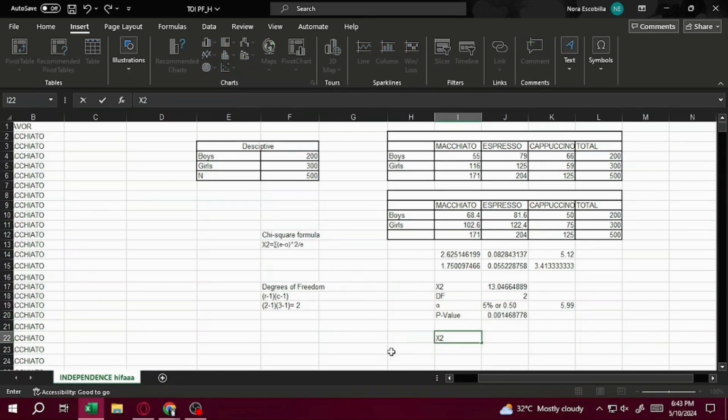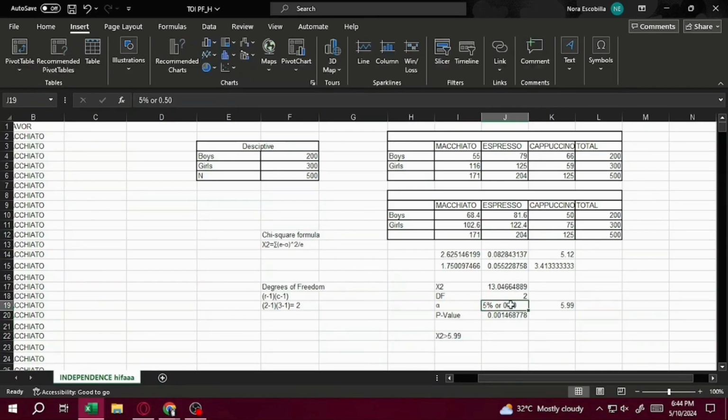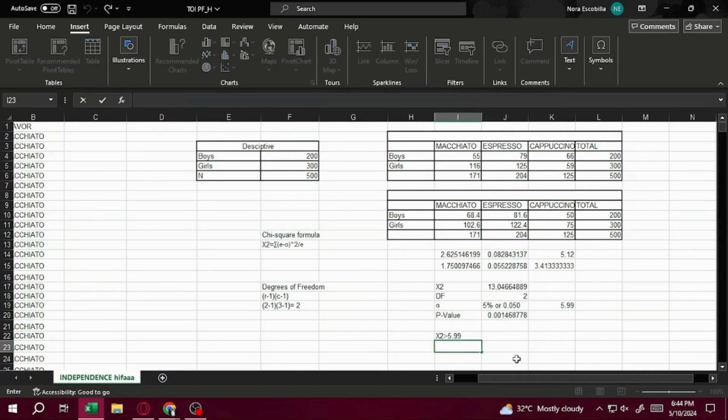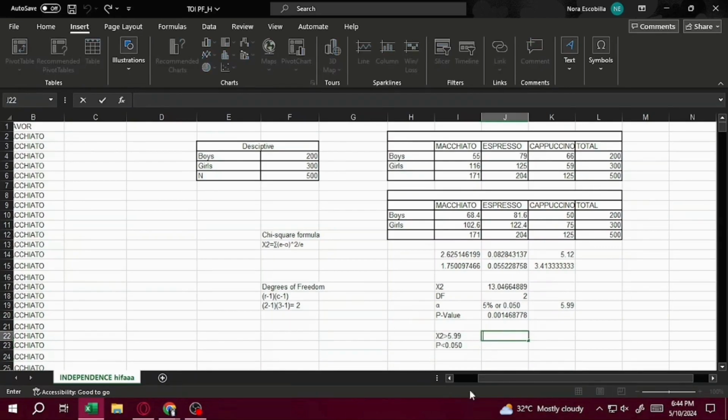So our chi-squared value is 13.05, meaning it is greater than the critical value 5.99, while our p-value 0.00146668 is less than the significance level 0.05, so we will reject the null hypothesis.